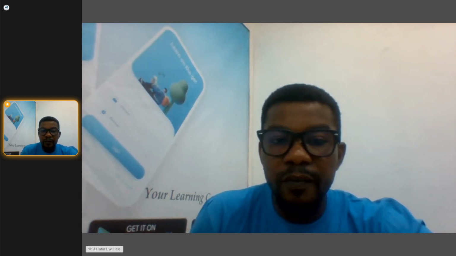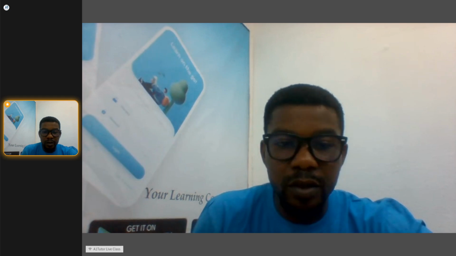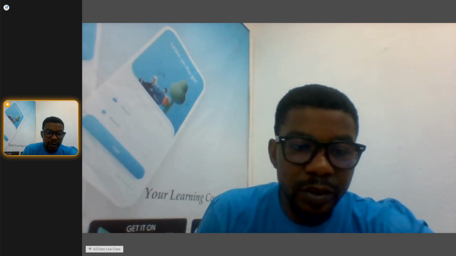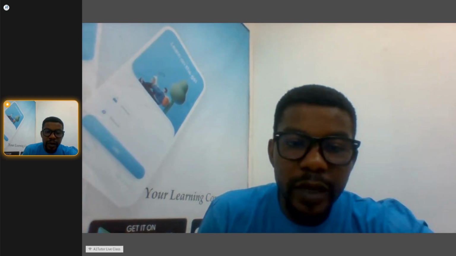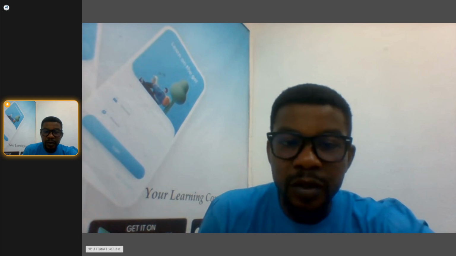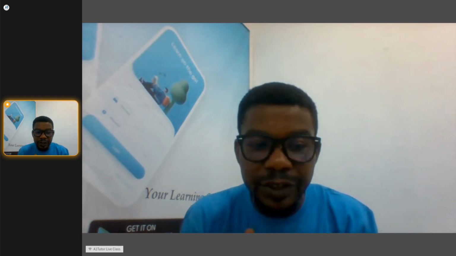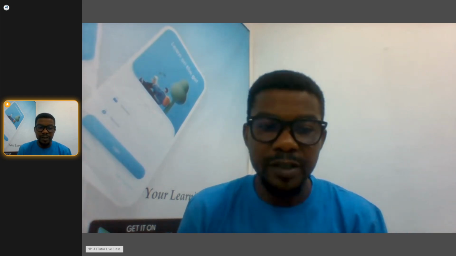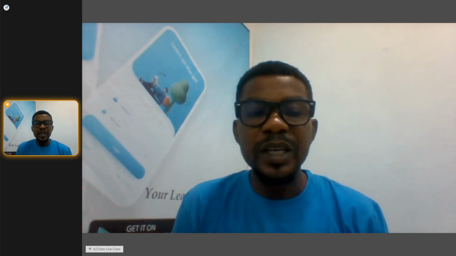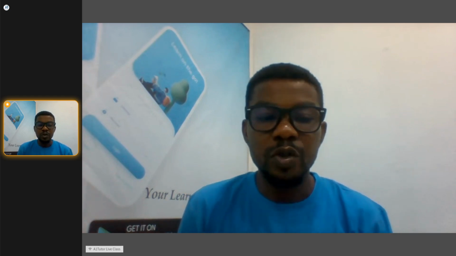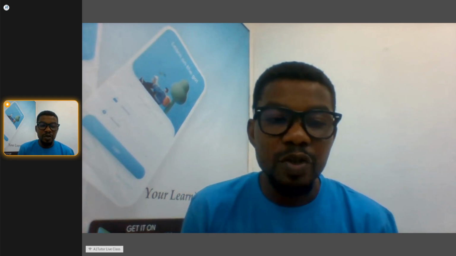Evaluate this minus this. So we take the first expression, log 8 base 2 minus log 1/9 base 3. The hint or the trick there is to always check your base. When you check your base, you'll be able to know what to do. So the base here is 2.